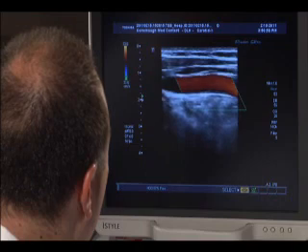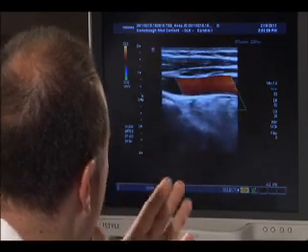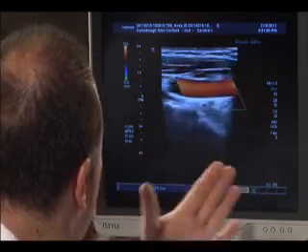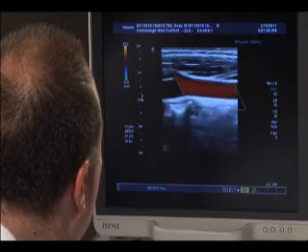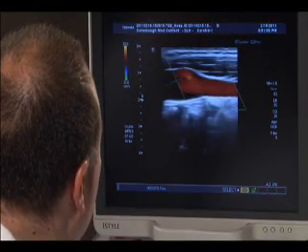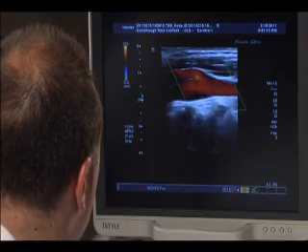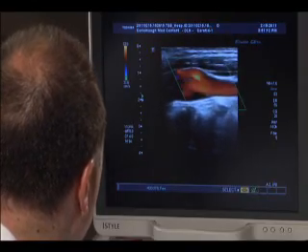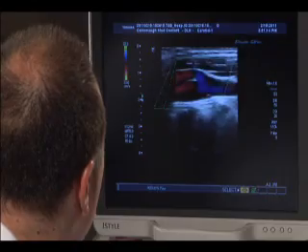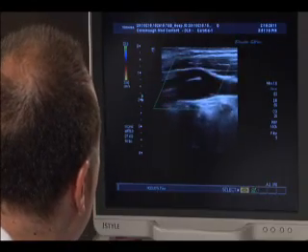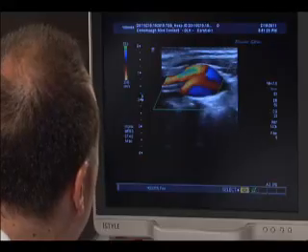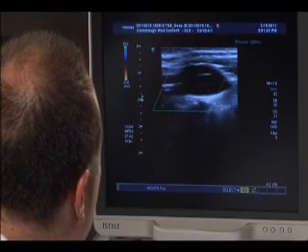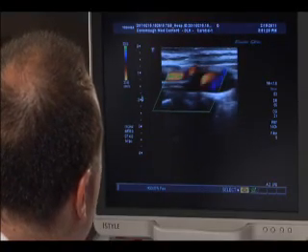So now we're moving through in a longitudinal section, so as if we were cutting the vessel from head to toe. And we can follow this vessel through the neck, and again we can watch them split apart. The different colors indicate what direction blood flow is moving, whether it's moving toward my transducer or away from my transducer.